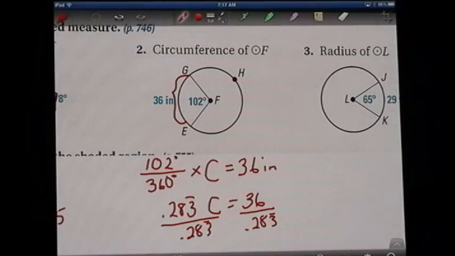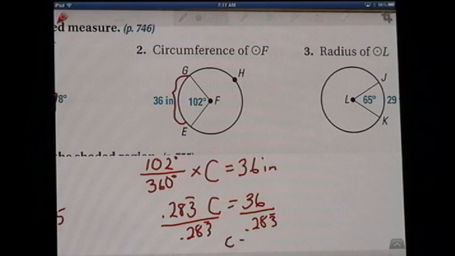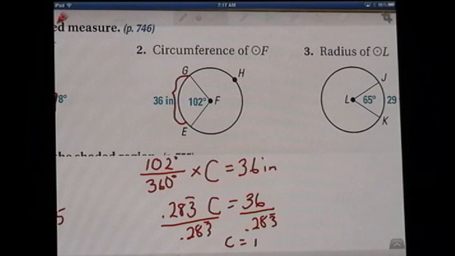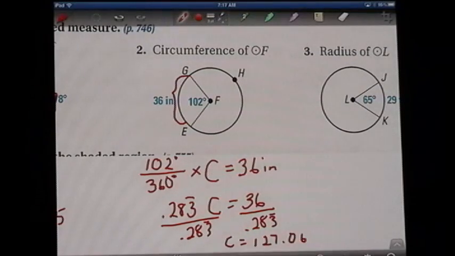Now on the TI-83 or TI-84, remember, you can say 36 divided by second A N S, and it will use that previous answer, and you get circumference is equal to 127.058. So that's going to be 127.06 when we round it to the nearest hundredth. Again, it doesn't tell you where you have to round it to, so if you had rounded it to the nearest tenth, that would have been acceptable as well.